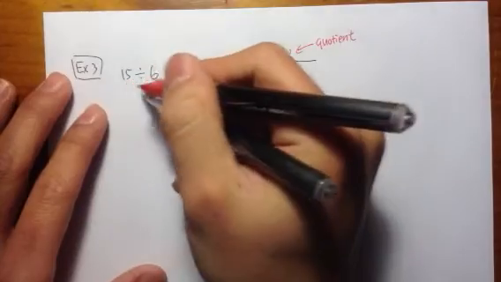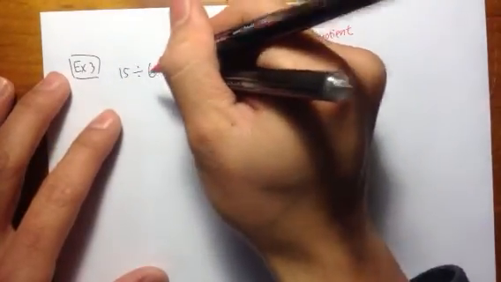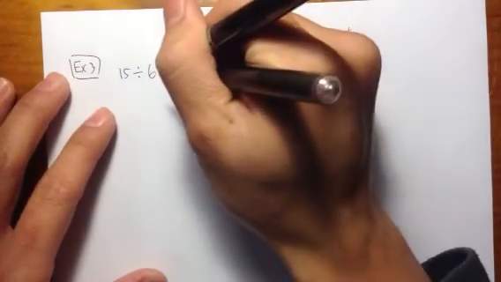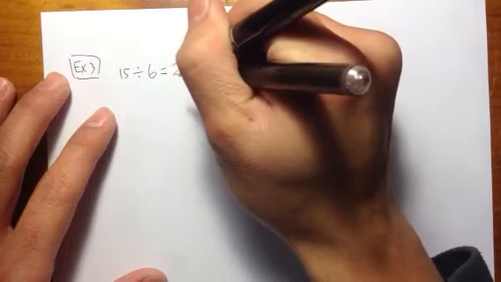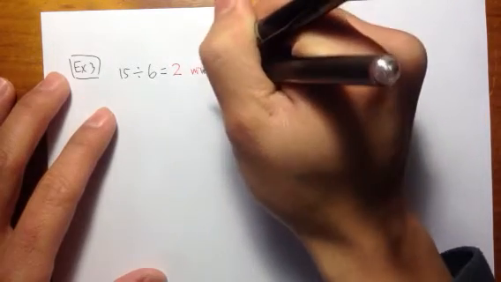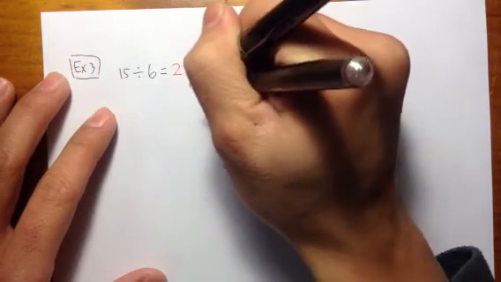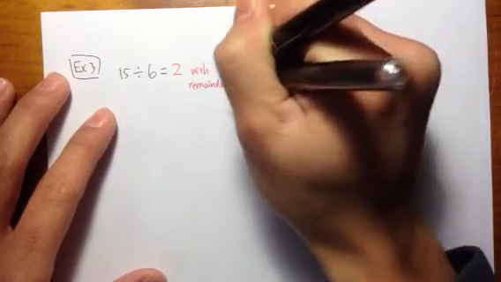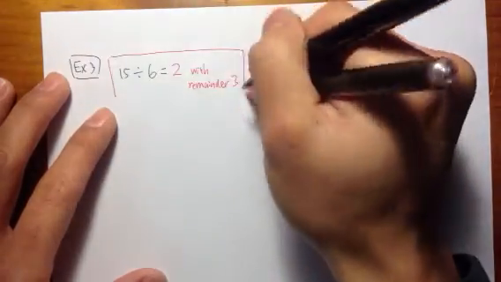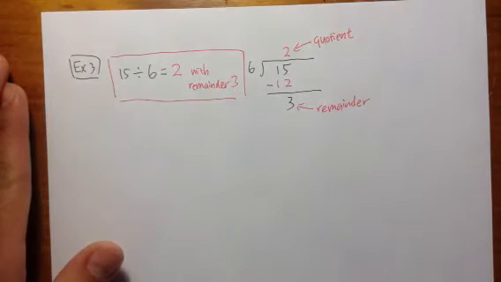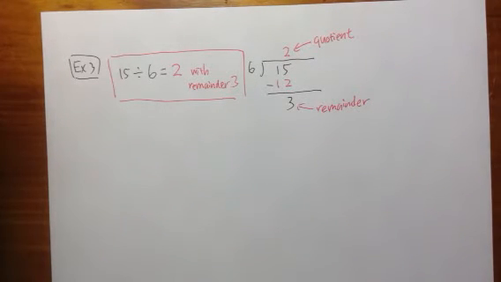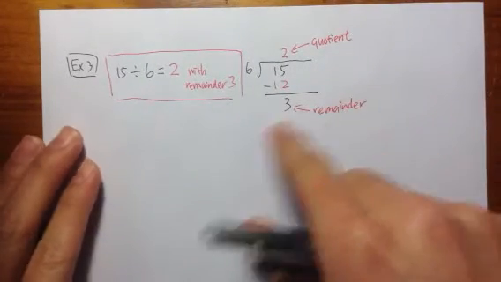So in this case, 15 divided by 6, one way to answer this question is, you can say this is equal to 2 with remainder 3. So this is one way to answer this question. Okay, so if you want to figure out what's the remainder, then you just do this and that's it.